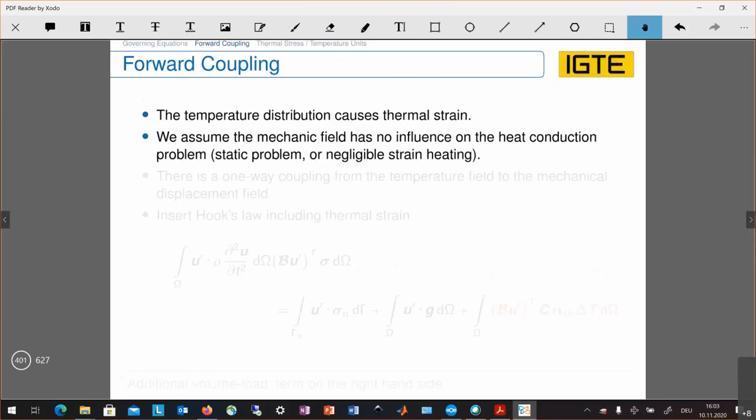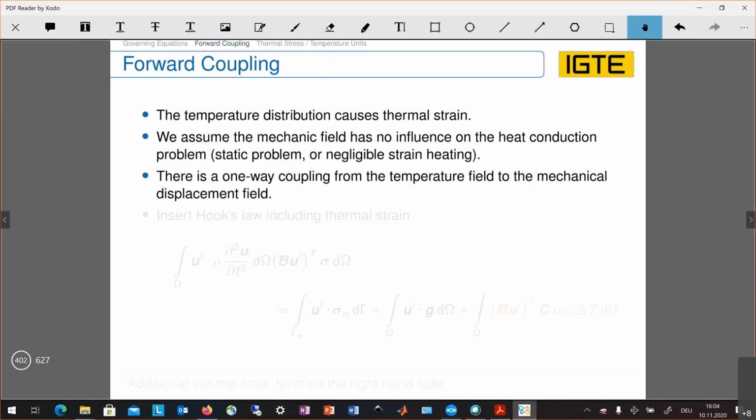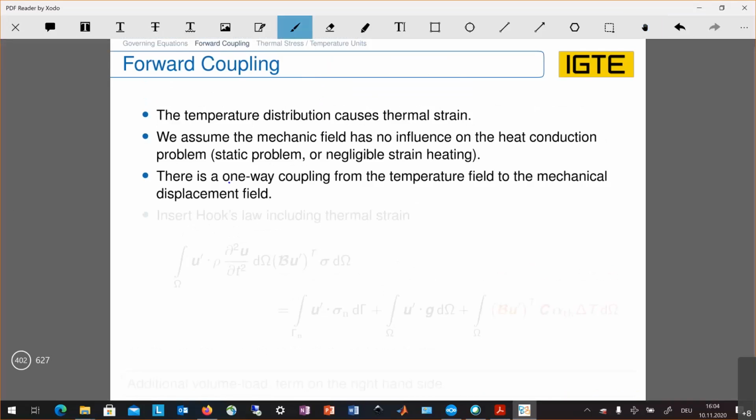For some cases, we have seen that we perhaps have to take into account the coupling term coming from the mechanical field, which is driven by the stress rate, so the change of the mechanical stresses with respect to time, which is, however, in most cases very small, which means that we can model our coupled field problem by a one-way coupling as written here. So you first compute your temperature field within your semiconductor, for example, and then compute the mechanical displacement.